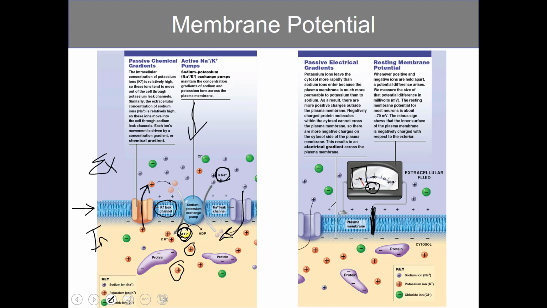In fact, negative 70 millivolts is the average resting membrane potential of a cell. So that number is something to commit to memory. It's going to come up again, but all that's saying is that the inside of the cell is negative relative to the out, and we can actually quantify that, and if we do, we get a negative 70 millivolt difference.